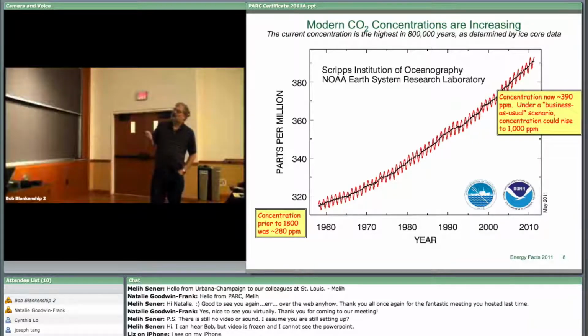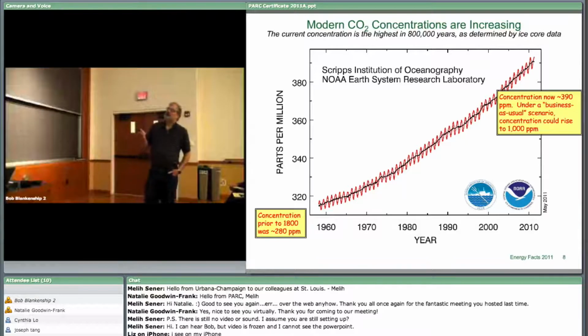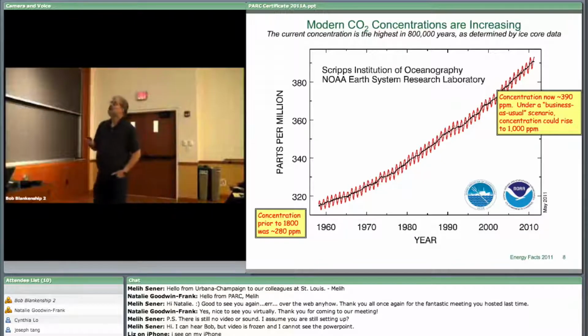And these annual variations are because the action of photosynthesis draws down the carbon dioxide during summer, and then in winter more is released than is taken up, and so that's why there's this increase in the atmosphere.